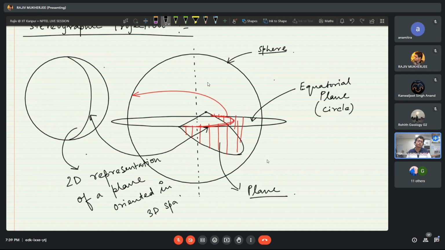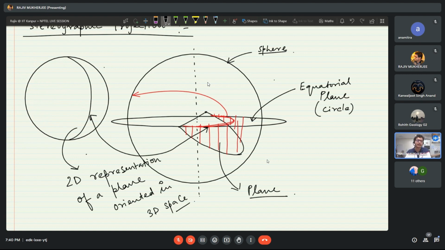A plane, of course, is a two-dimensional object, but it has a three-dimensional orientation, right? It is oriented in space. Depending on its angular orientation and inclination, a plane can be placed in any way in three-dimensional space, and each of these orientations has a separate two-dimensional representation.